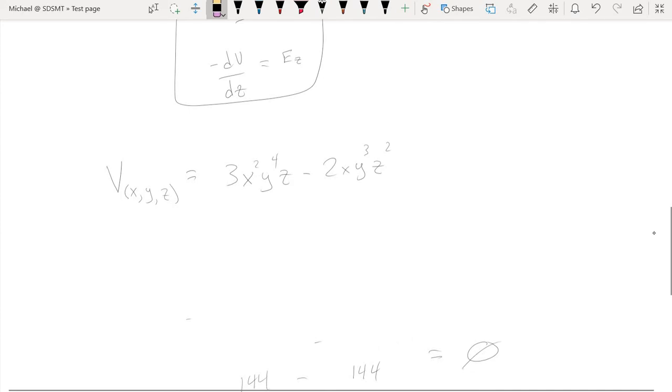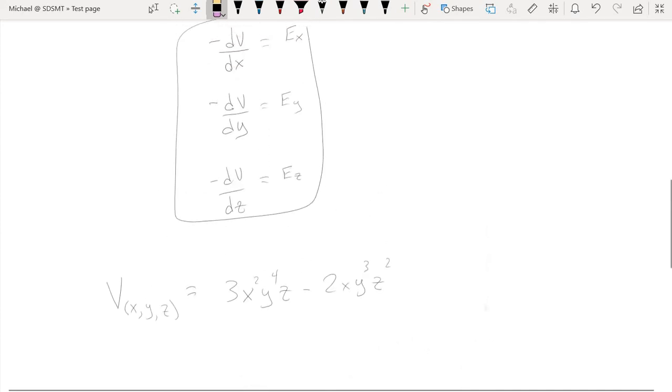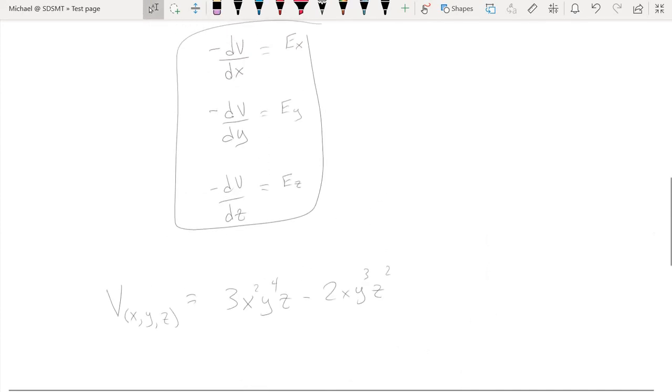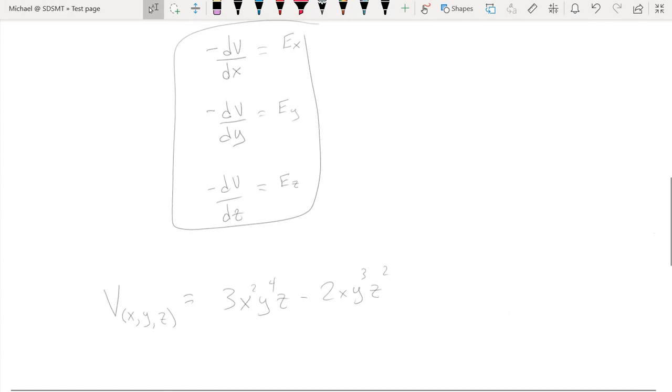What do I mean by modifying these derivative statements? We're going to take a derivative of our potential function, but it has 3 different variables in it: x, y, and z. Each derivative up above is only accounting for one variable at a time.